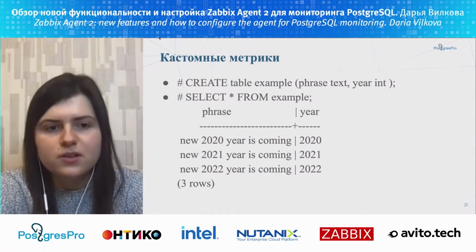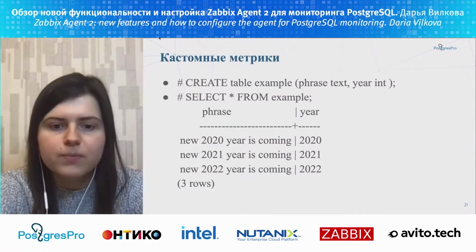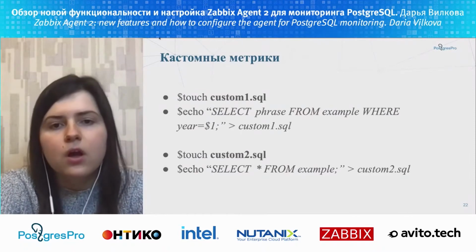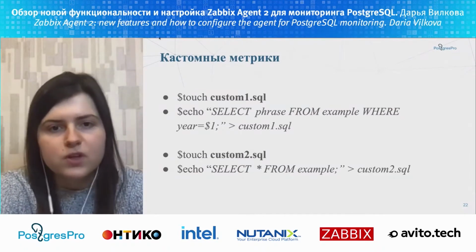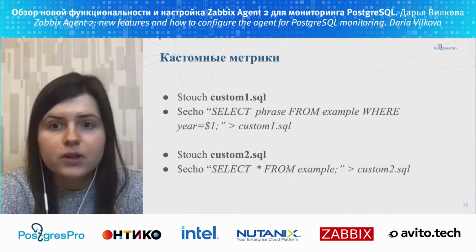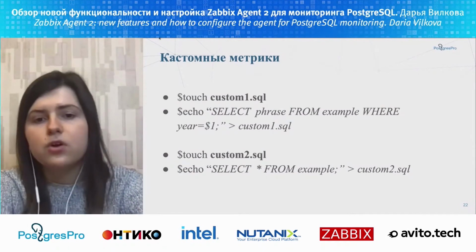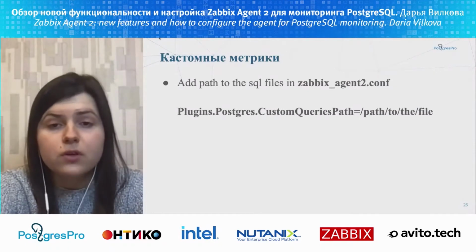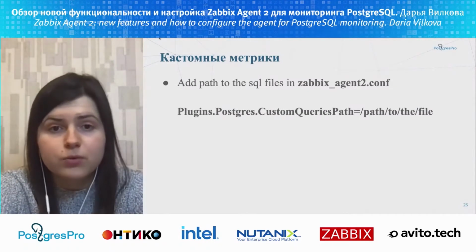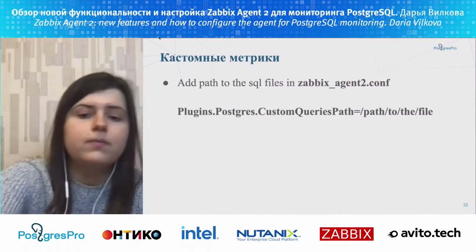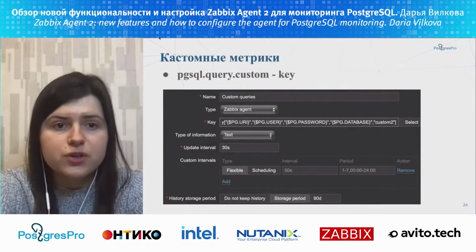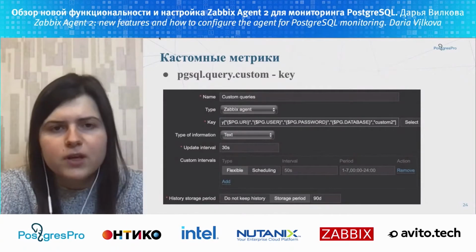I created an example table and filled it with 3 rows. Now we create the queries themselves. In the first one, there is a condition, so a parameter will be needed, and the second is without conditions. In the configuration file of the agent, I specify the subdirectory with the queries and create the PGSQL custom key.